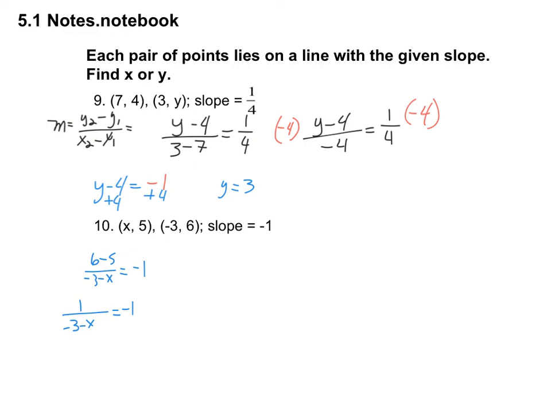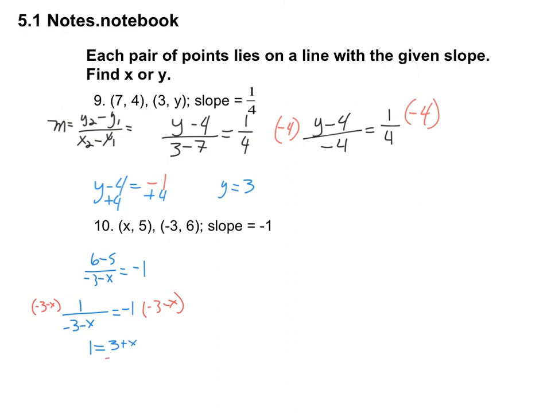And folks, what I'm going to do is get rid of that denominator with the x in it. So I'm going to multiply both sides by negative 3 minus x. All right, negative 3 minus x on both sides of my equality. That's going to cause the left-hand side to cancel out, and I've got 1 is equal to negative 1 times negative 3 minus x, and I can distribute that negative 1 in there, so I'll have 3 plus x.